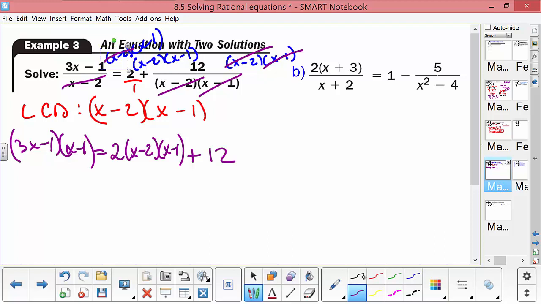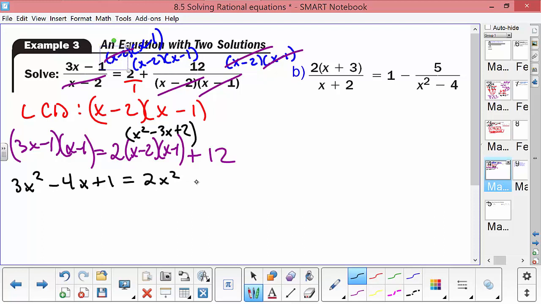So we can distribute. We get 3x squared when we use our FOIL. The outer is negative 3 and the inner is negative 1, so we get minus 4x. The last is plus 1. If I distribute here, I get x squared minus 2 minus 1, so minus 3x plus 2, and then I need to multiply it by 2.